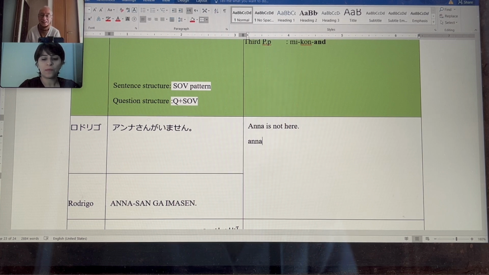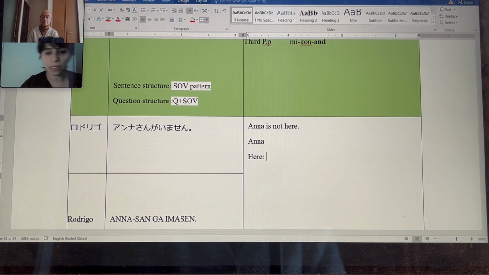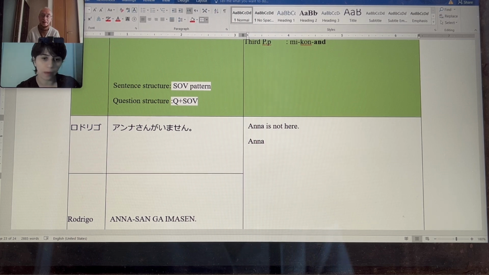You can bring Anna-san here or not, if you want to use the same pattern as Japanese. What is imasen? Yeah, for the third person singular. Scroll down, please.